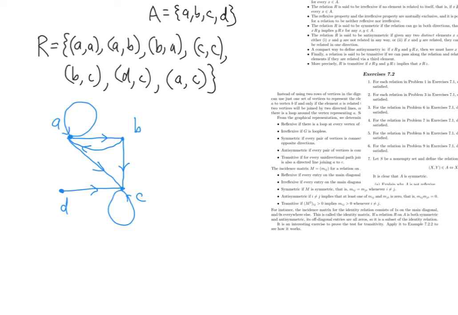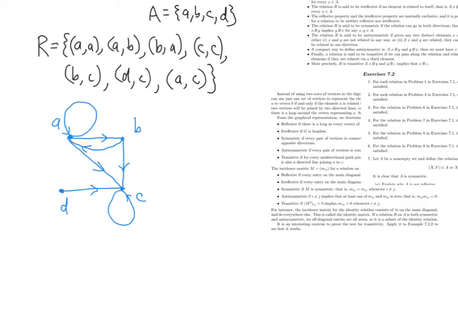So hopefully you're thinking of things like, well, if I have an edge going there and coming back for every possible pair of edges that have any kind of connection between them, then that would make it symmetric. In other words, what would we have to add to make the current relation symmetric? I'd have to add an edge going from C to B, which means I'd need the ordered pair CB, and then because I have D to C, I need C to D, so I need the ordered pair CD.